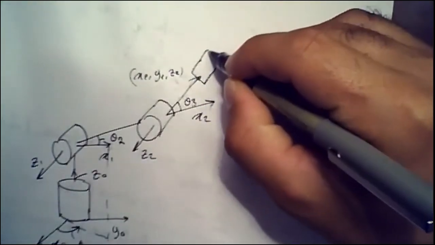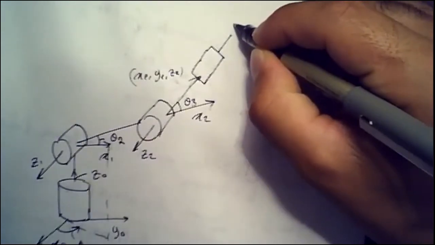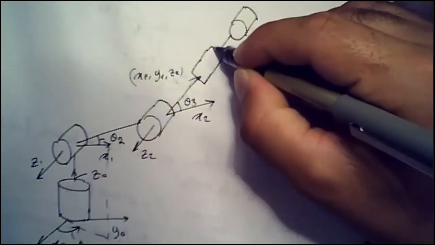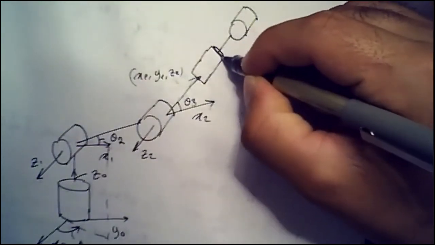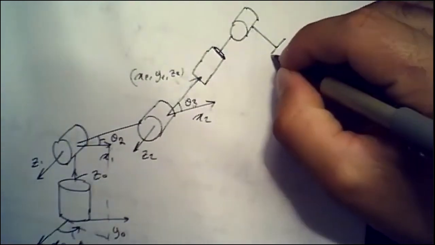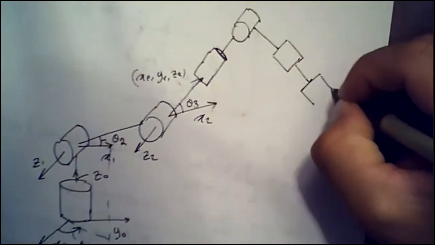So this guy will now be able to rotate around itself. So this is one motor, and then I have one guy here. Remember, this is exactly like the wrist that we did last time. And then I'm going to have one last motor here, and now this guy is my end effector.